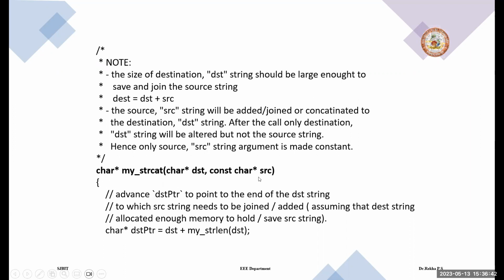So the DST pointer is made to point to the end of the DST string, to which the source string needs to be joined or added. Assuming that the destination string is allocated enough memory to hold the source string as well, when you say DST should be large enough to store both source and destination data, then you have to allocate enough memory to hold that string.